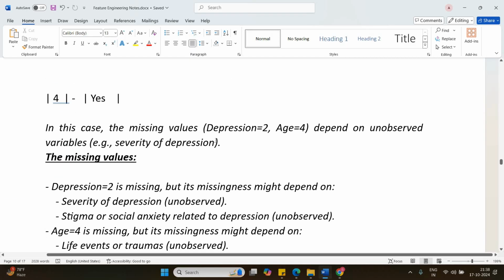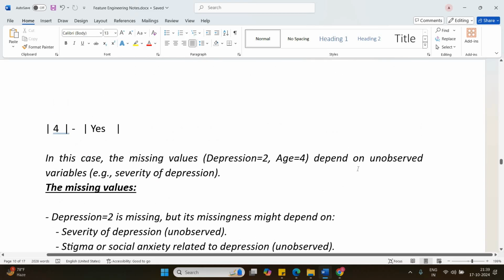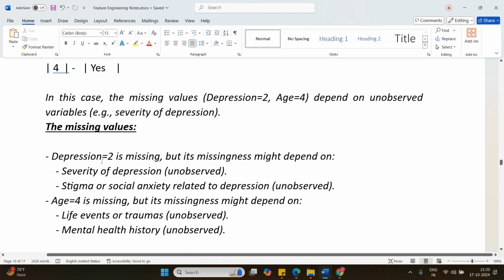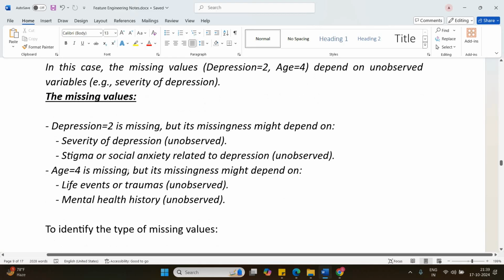So here you can see, in this case, the missing values, depression for 2 and age for 4, depend upon unobserved variables like the severity of depression, right? Here you can see the missing value: for the second row, depression is missing. But its missingness might depend on the severity of depression, which is an unobserved variable here.